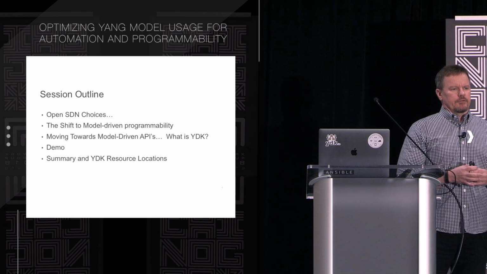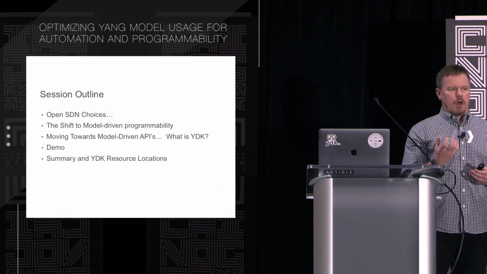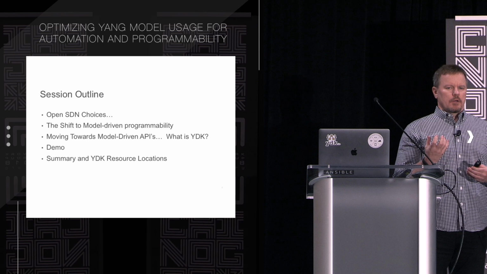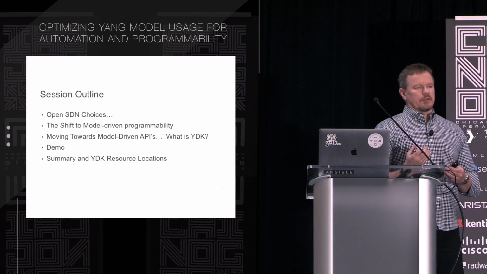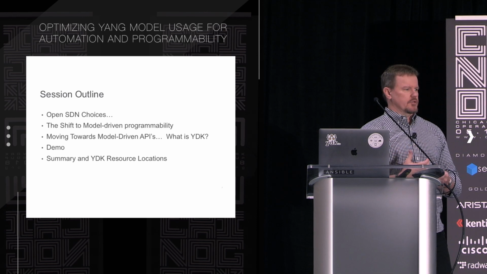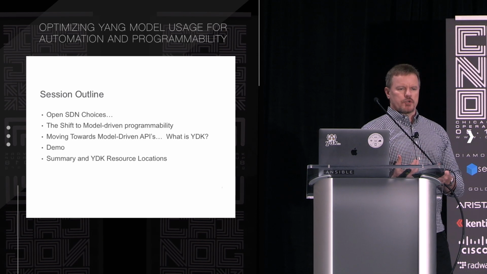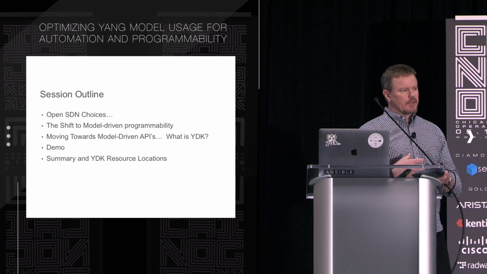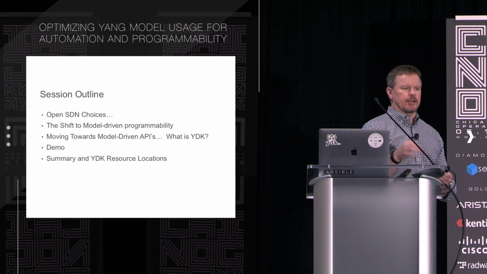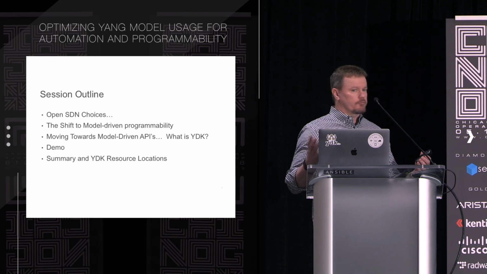Those of you who know the power of what a model brings to the table also know that Yang is not the most intuitive interface right now, including how we leverage APIs to the Yang model or manipulate different structures through it. What I'd really like to do today is describe an SDK, an open source SDK we've been working on a lot at Cisco, but it's open for anyone.